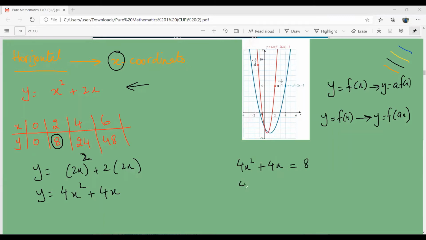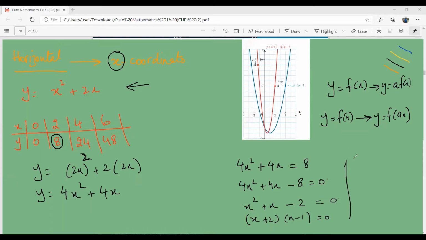Now this is going to be 4x squared plus 4x minus 8 is equal to 0. I can take this 4 as common from here. So this is going to be x squared plus x minus 2 is equal to 0. I think I can factorize this as x plus 2 into x minus 1 is equal to 0.